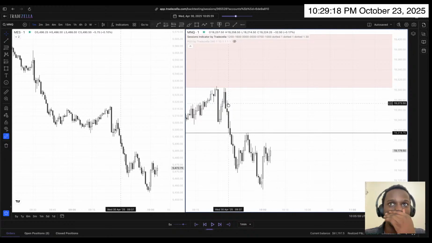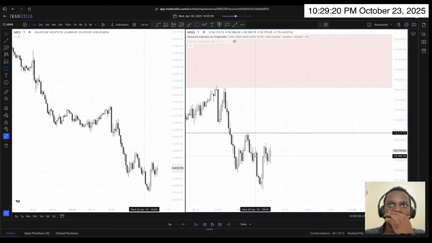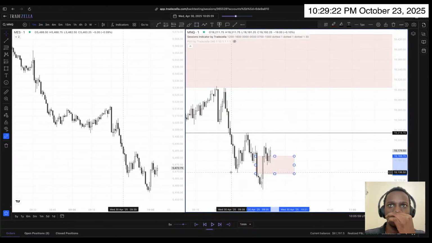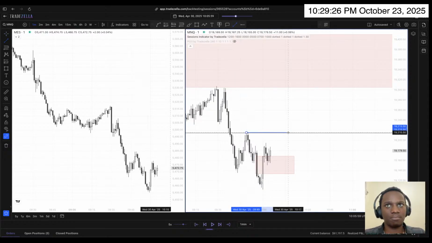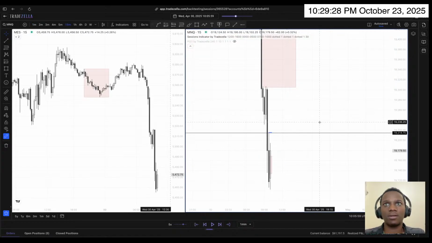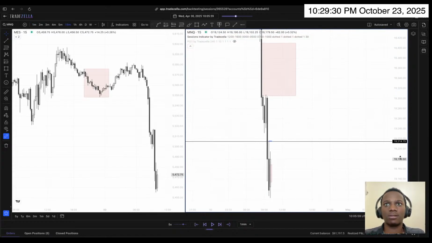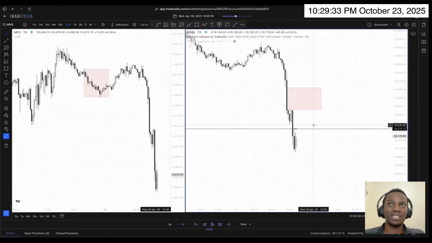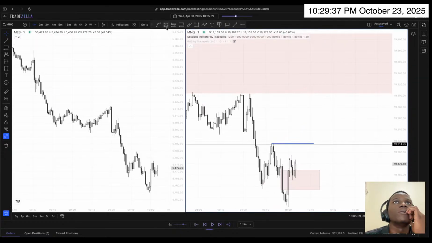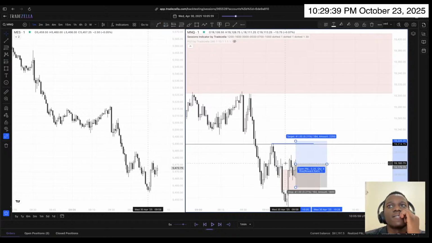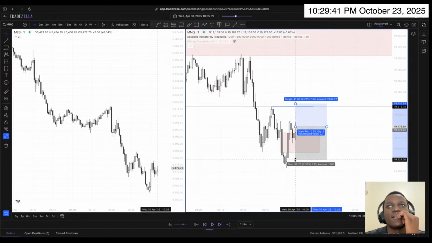I think we could take a long here for this inversion of the sweep here. I mean, we're in daily gap, lows have been hit. I don't know why I'm anticipating this thing to move higher.